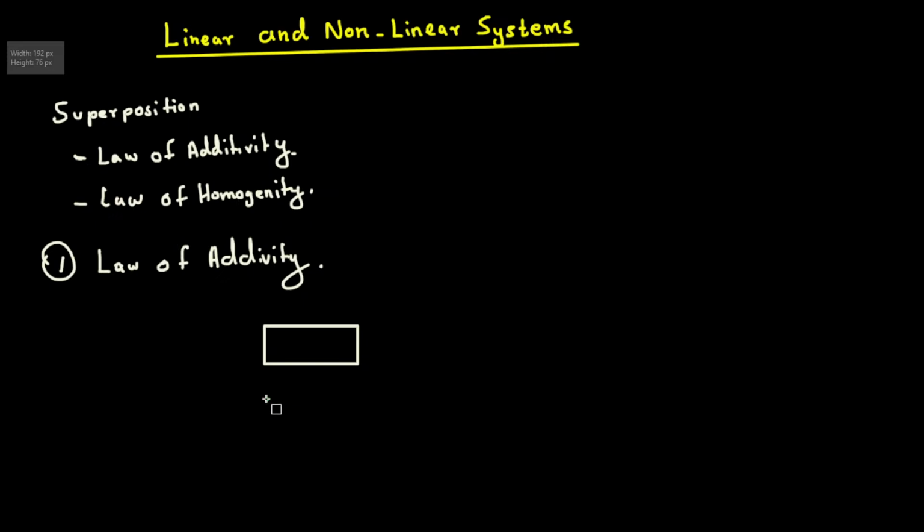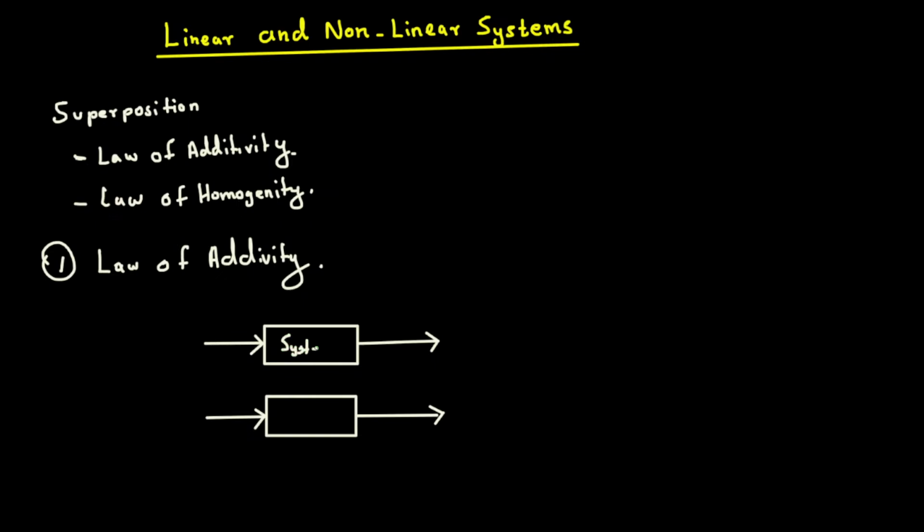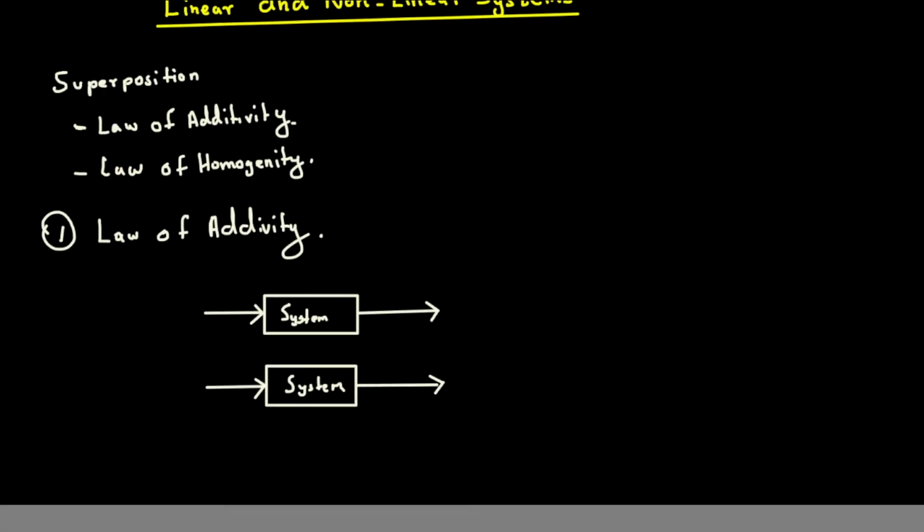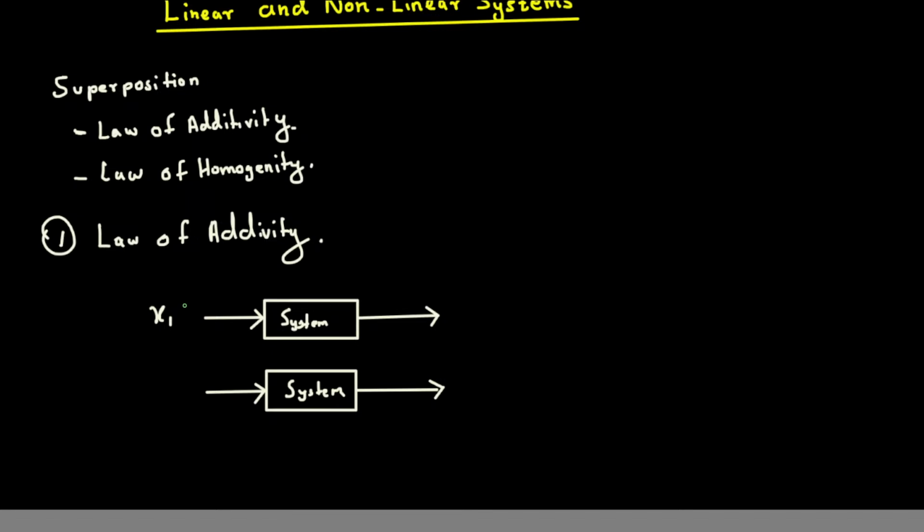So let's say this is our system, and we have the input and the output. Then we take two inputs, x1 of t and x2 of t, and the outputs from these are y1 of t and y2 of t.